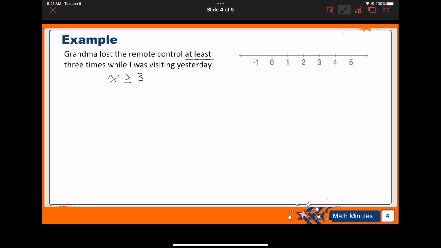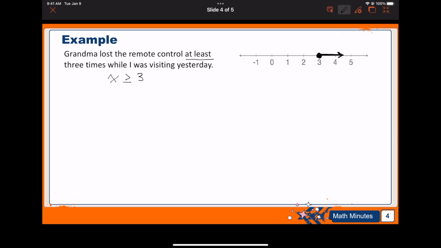So we can represent that using a graph on a number line. My circle will go at 3, because that's where my solutions start. And because it's greater than or equal to, I'm going to fill in my circle, because I'm showing that it could be 3, but it could also be the values that are larger than 3. So my arrow is going to extend off to the right.